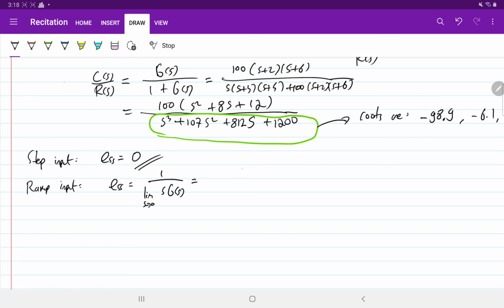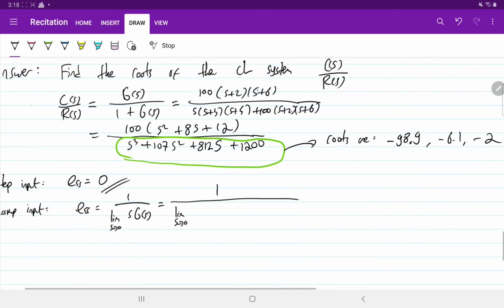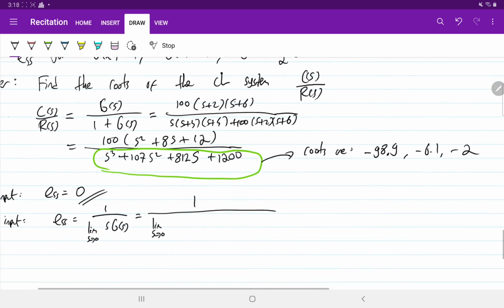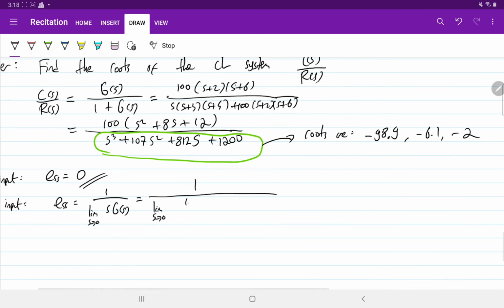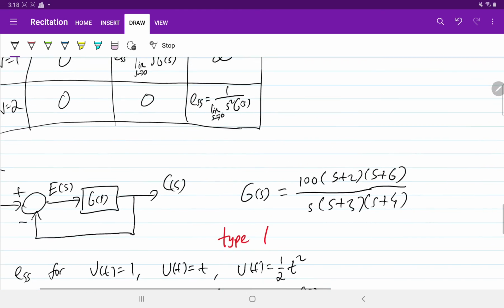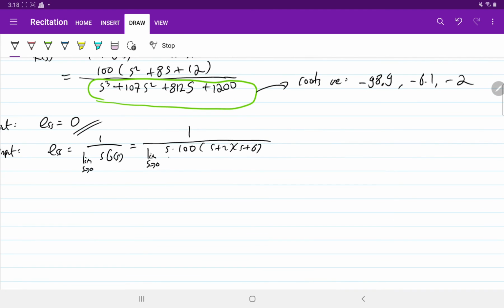So s times G of s is 100 s times (s plus 2)(s plus 6) over (s plus 3)(s plus 4). So s and s, they cancel. We just need to evaluate this.